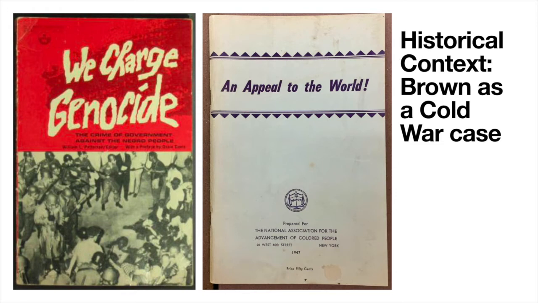Several years later, in 1951, a second petition, We Charge Genocide, which was authored by W.E.B. Du Bois, again, on behalf of African Americans, even stronger case, right? So not only about human rights, but that the actions that the U.S. government and the U.S. population has taken towards and against African Americans is nothing less than genocide.